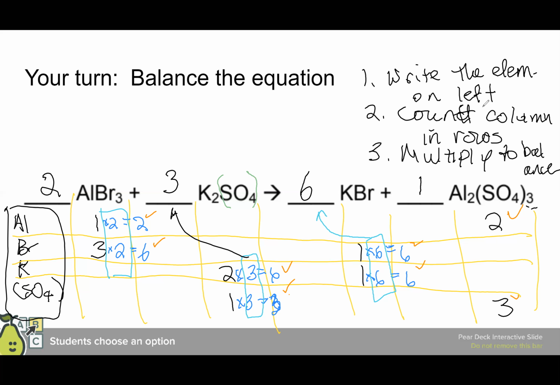And then check and finally transfer. Okay. So pretty straightforward. Sometimes it can get a little bit complicated just because the equations are tough, but the process is always the same.